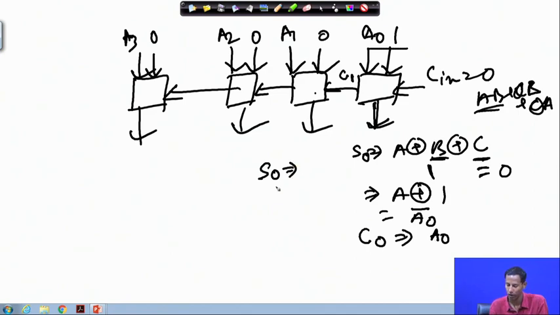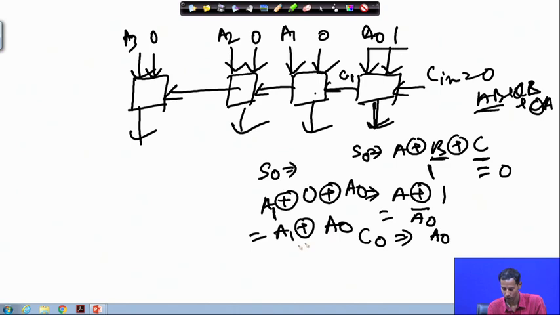So, here what will be the sum? That is A1 XOR with 0 XOR with A0. Okay. So, now the expression for S1 is A1 XOR A0, right. Now for C1, what will be the expression? If I just write AB plus BC plus CA again. So, here what is AB?